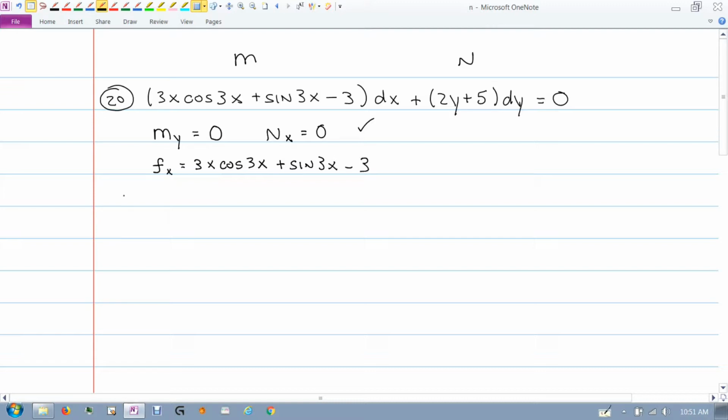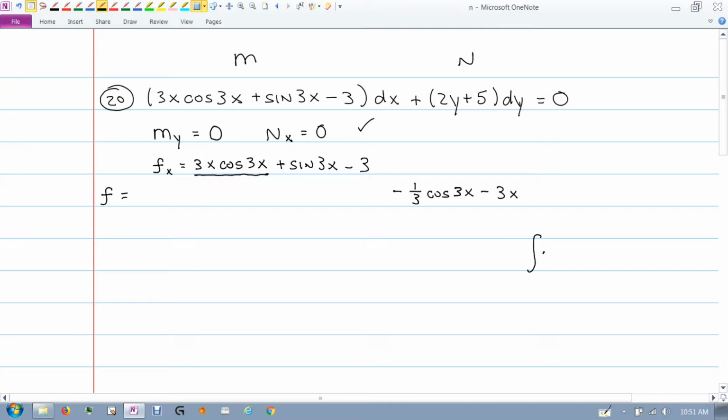So I'm going to integrate this with respect to x. Let me take care of these easier pieces first. The antiderivative of sine of 3x is negative 1/3 cosine 3x. There's a little bit of chain rule involved, but I assume you can do that. Minus 3x. Then we need to find the antiderivative of this, so let me jot that down over here.